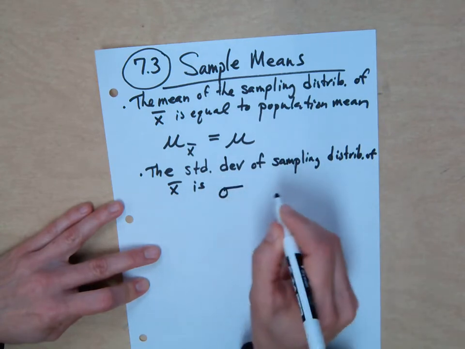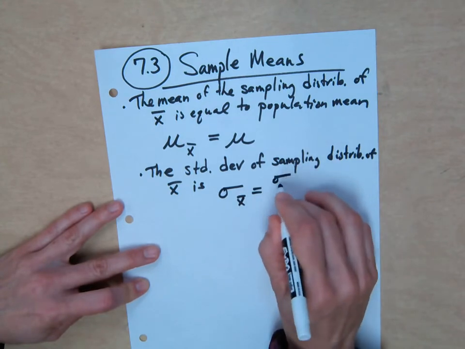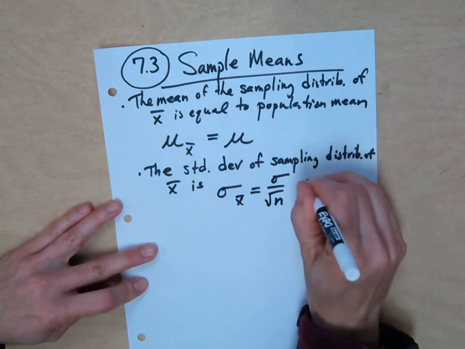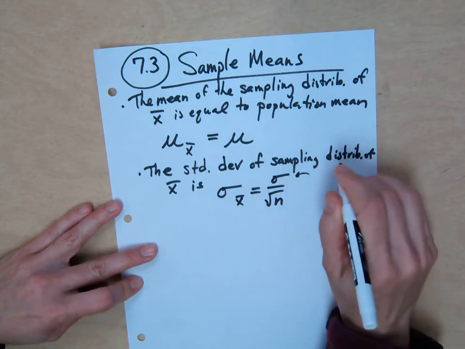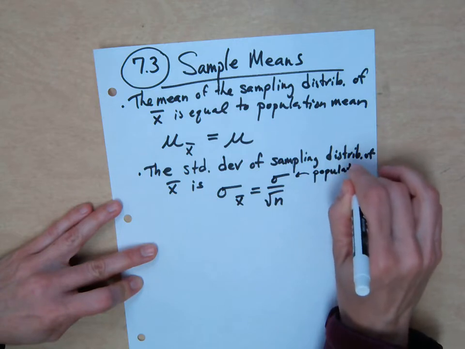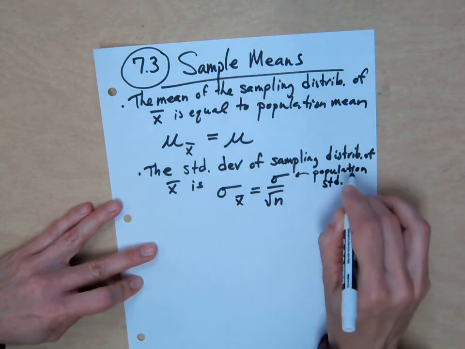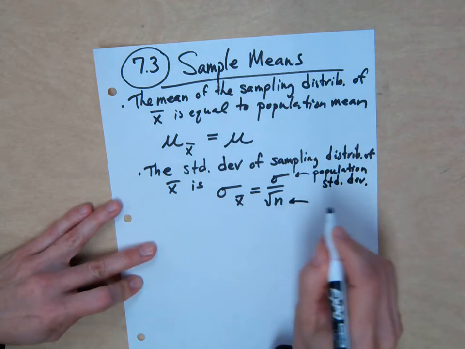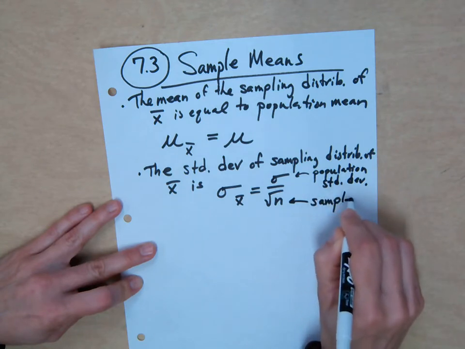So the standard deviation of x bar, this is given to you on your formula sheet: population standard deviation over the square root of n. Let me label these. This is the population standard deviation, and this n is the sample size, just like before.